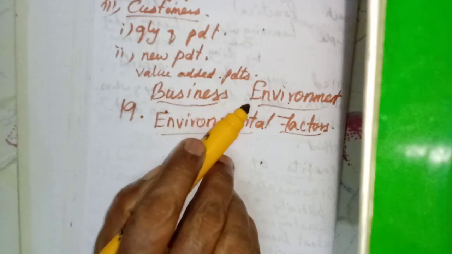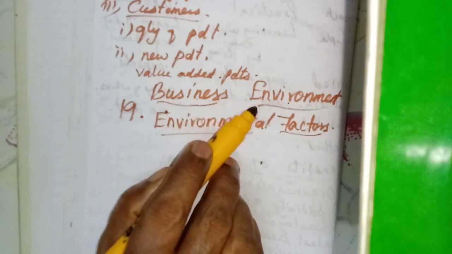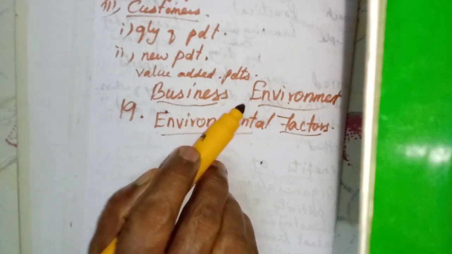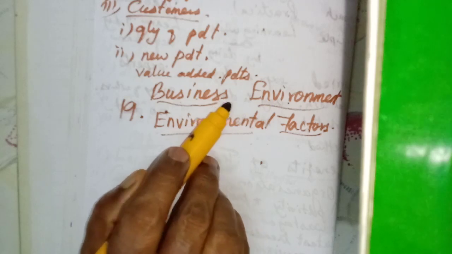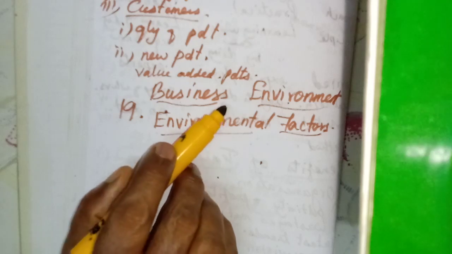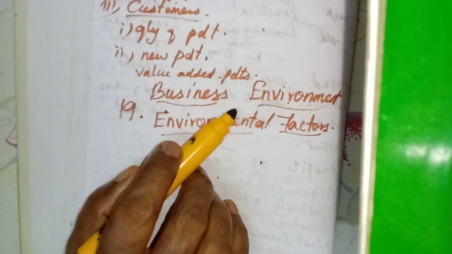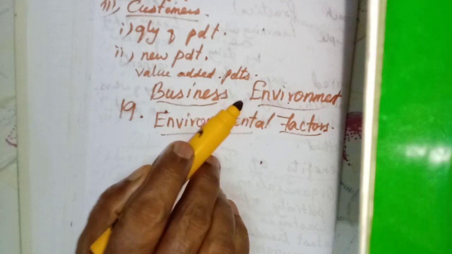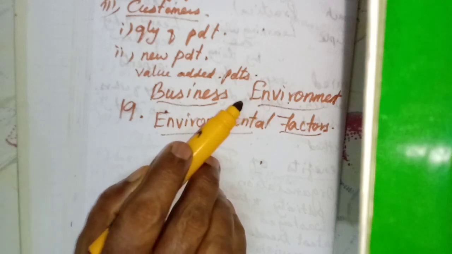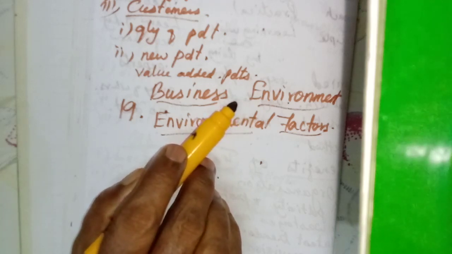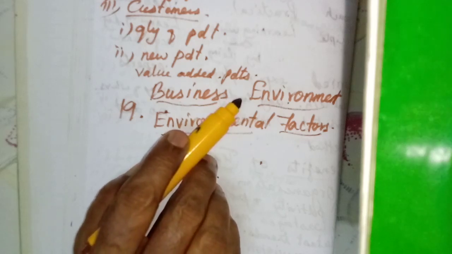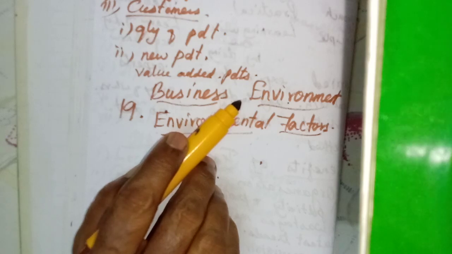All the factors, all the conditions, all the things that influence the business organization are called the business environment. What are the things that affect the business organization, either in taking decisions for the management, or the working conditions of the workers? Any factor that influences the business organization is called business environment.